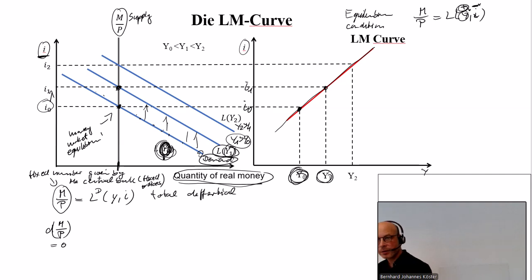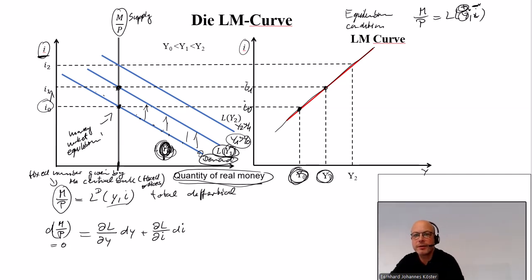This is 0 equals, now again we have a function depending on two variables: the partial derivative with respect to income times a slight change in income, plus the partial derivative with respect to interest rates times a little change in interest rate.